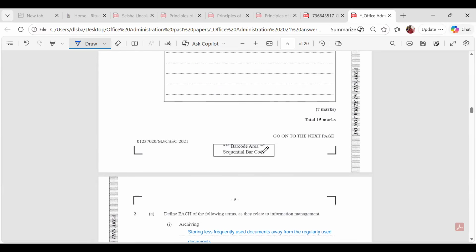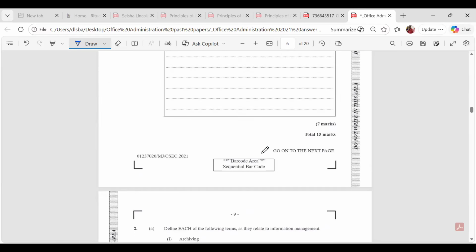Number 2 now. Define each of the following terms as it relates to information management. First one is archiving. Can anybody tell me what archiving is? In your own words, it doesn't have to be perfect.